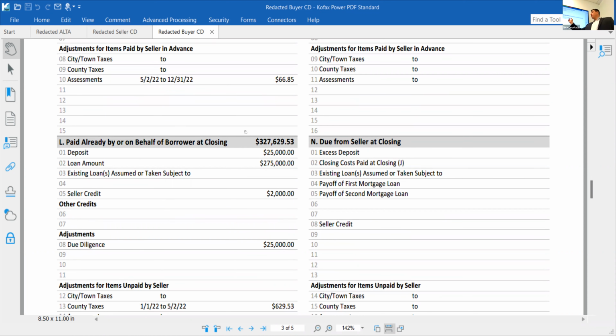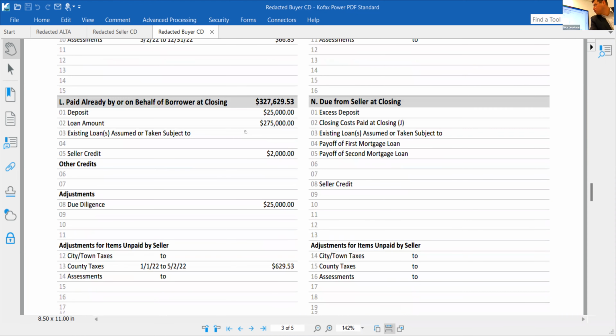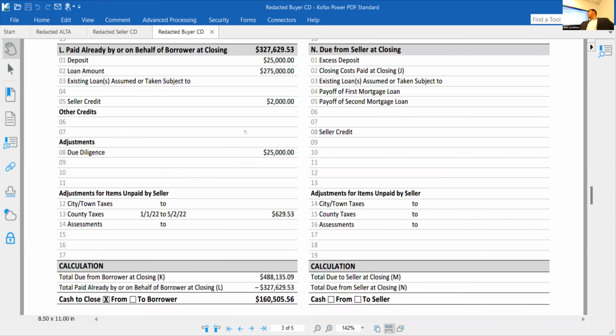That's the deposit they've already paid, the loan amount that they're signing a piece of paper for, that amount of $275, the seller credit that they're receiving, due diligence they're receiving. So all the things we've already gone through. This is just the gross numbers of, hey, this is everything that's come out. This is everything that's going back in. And then finally, it leaves you with that credits minus debits number in order to square up that 165.05. That's how they arrive at that cash. So that's how they get there.